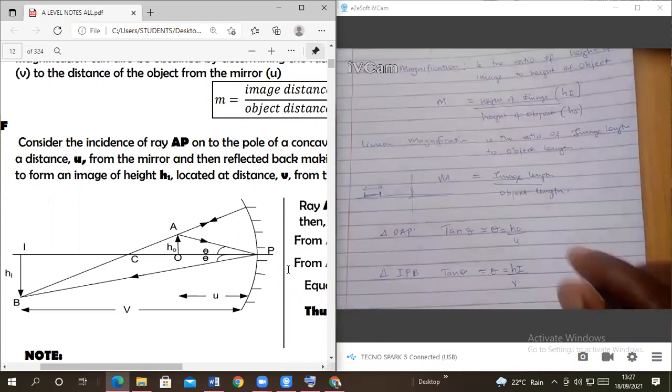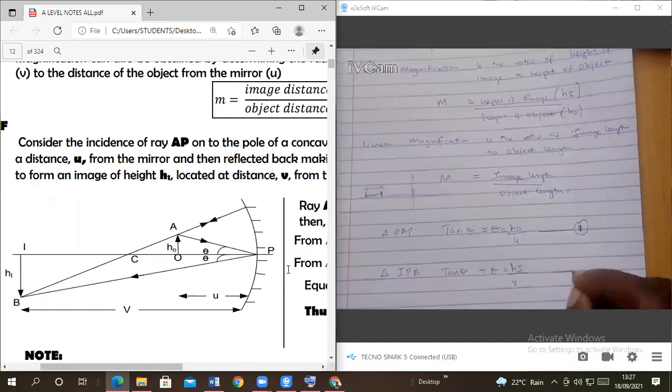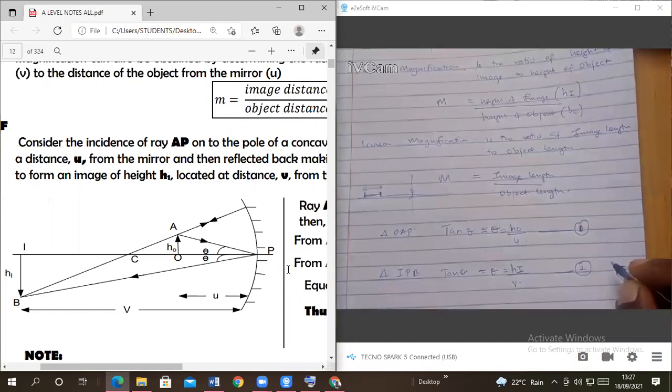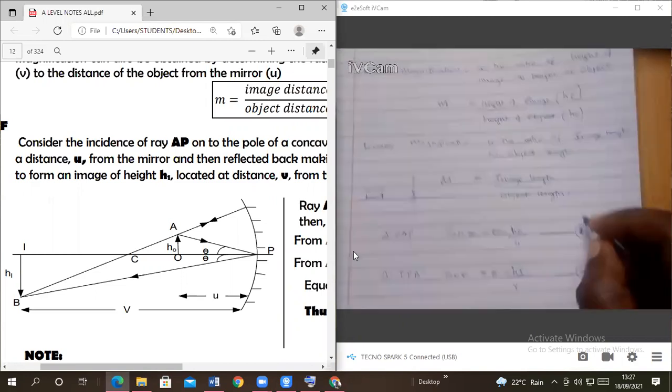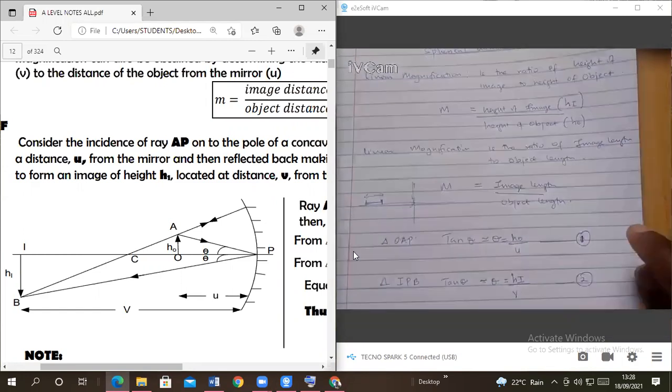Okay, now we have equation 1, and we have equation 2. The next thing that you have to do is equate these two equations and then find the magnification.